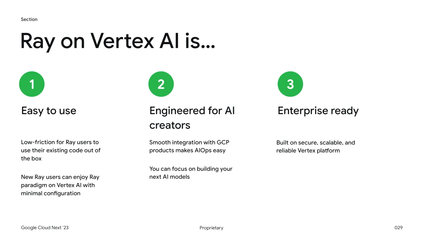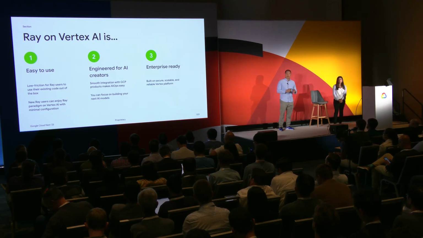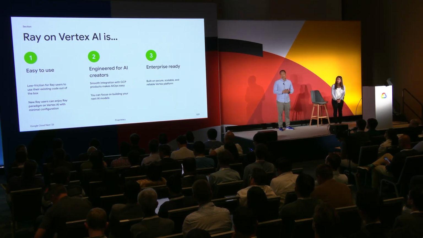As you saw through Nina's demo, using Ray to deliver end-to-end AI ops is easy. Now it's even easier with Vertex AI taking care of some of the setup burdens for you, so that you as AI creators can focus on what matters the most. Lastly, we want to make sure your most important work runs on a secure, scalable, and reliable platform, and Vertex AI is the place to do so.